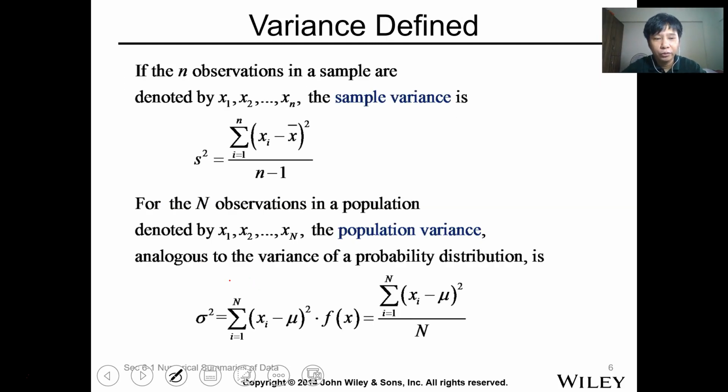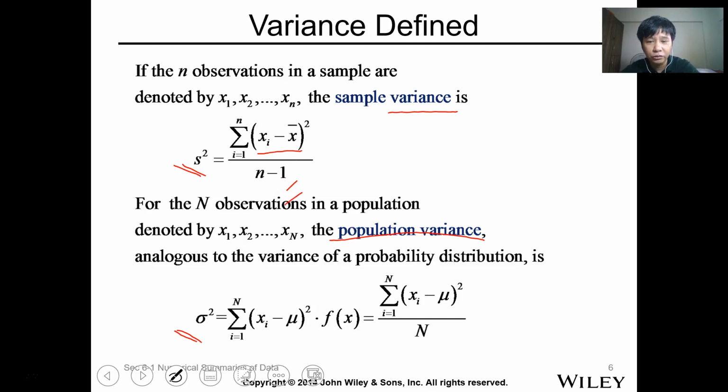Okay, now variance on the other hand is defined by the sample variance by this formula and the population variance by this formula. Take note that this is the square of the difference between sample and the mean data. Get the sum and divide it by n minus 1.